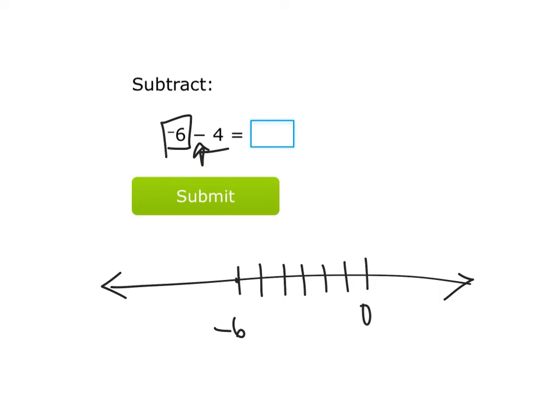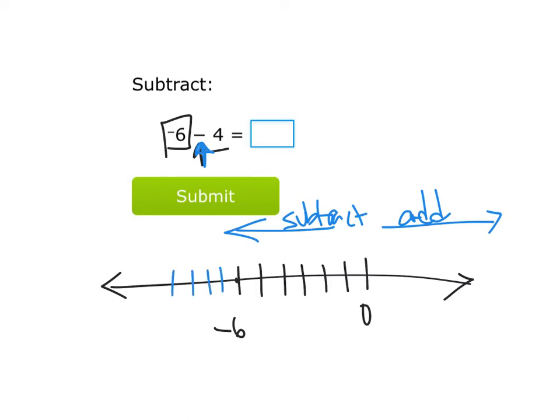On a number line, when you do subtraction, you go to the left. When you're doing addition, you go to the right. So in this case, it's subtraction, -4. So I'm going to go 4 more: 1, 2, 3, 4. Well, that reaches -10. So -6 minus 4 goes further negative to get to -10.